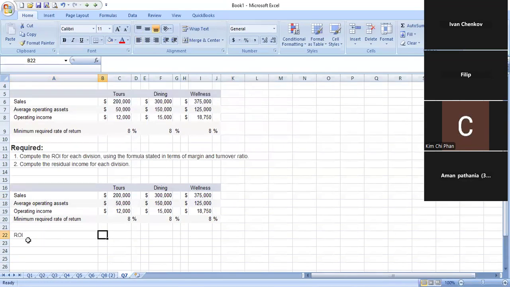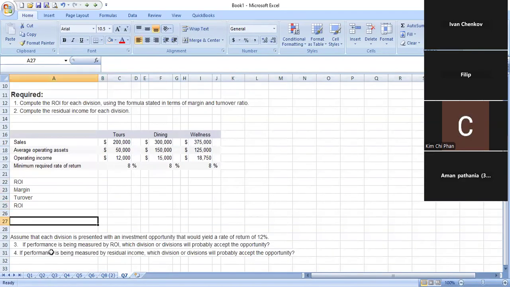In return on investment, they want us to do it with the margin and turnover. So for each division we have to get margin and turnover, and once we get those, we can compute the return on investment. So what was the formula for return on investment?